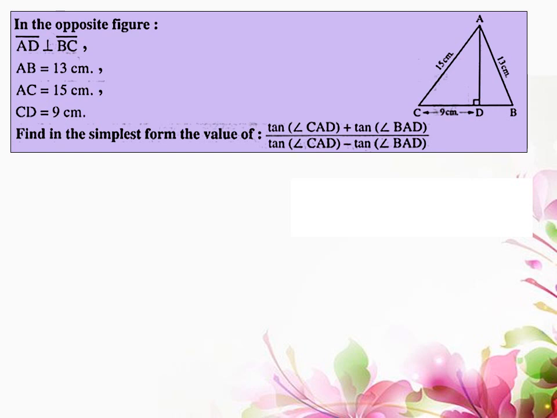First of all, we have two sides without any measurement, AD and BD, and we have two required angles in the question, angle CAD and angle BAD, the right angle.